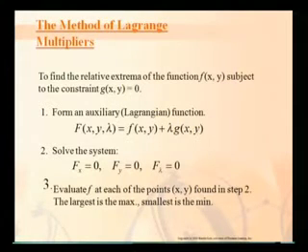In the same way, take the partial derivative of F with respect to y, and then with respect to lambda, all equal to 0. Using this we can find the point x and y, and then find the largest value (maximum) or smallest value (minimum) using this method.